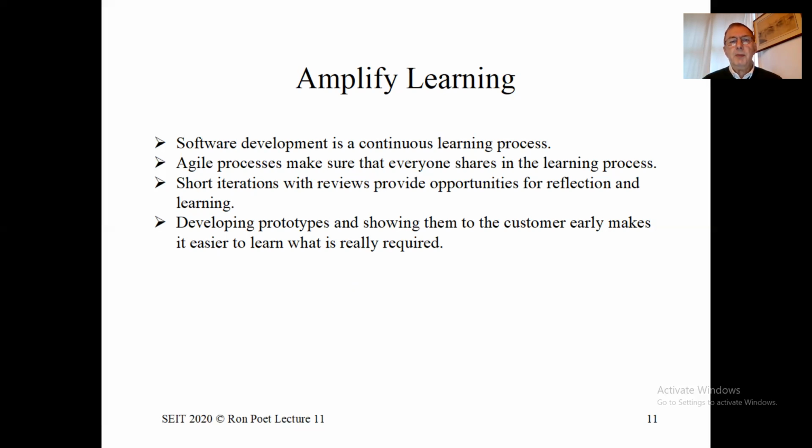And developing prototypes and showing them to the customer early makes it easier to learn what's required. I'll talk about this later on, what is a prototype, but you can see the advantage. A prototype very basically is not the real product.